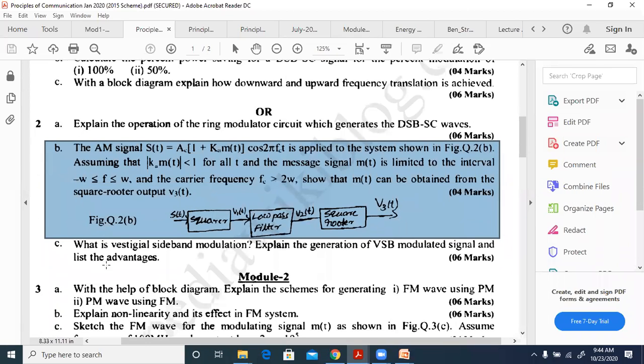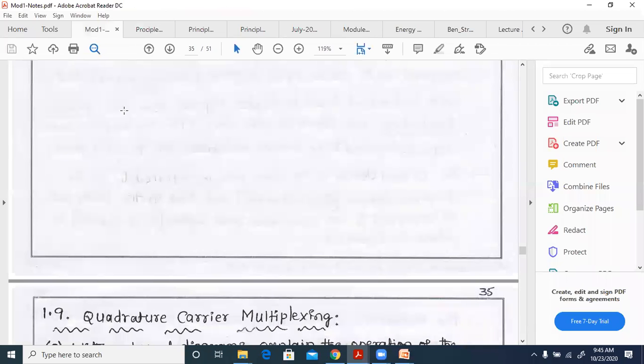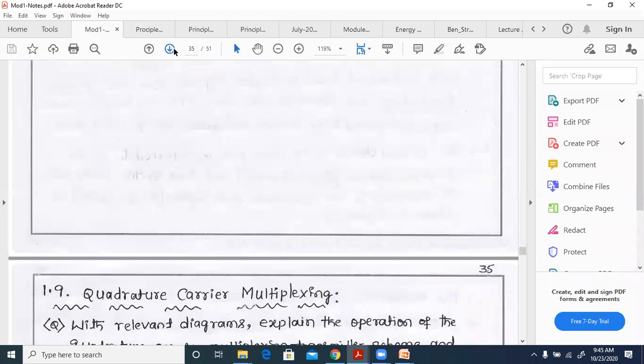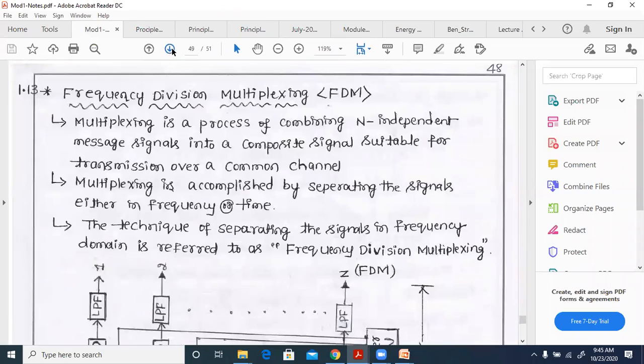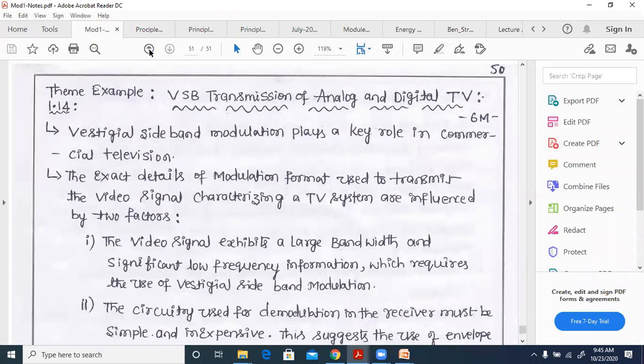Okay. So then you have the C part, which is what is vestigial sideband modulation. Explain the generation of VSB modulated signal and list the advantages. I think it's already done in the class. We've already done that, right? Vestigial sideband generation is what is asked.